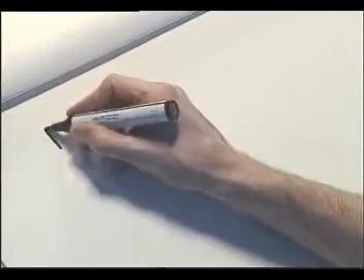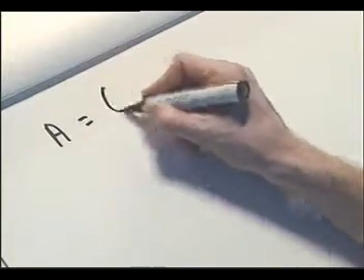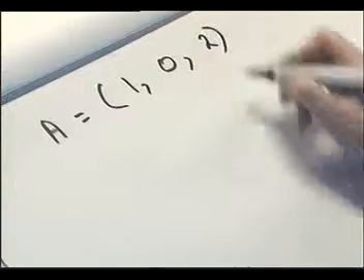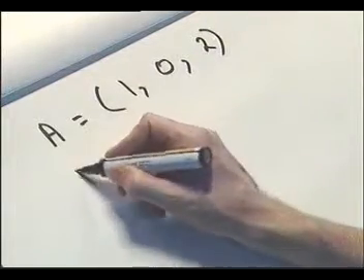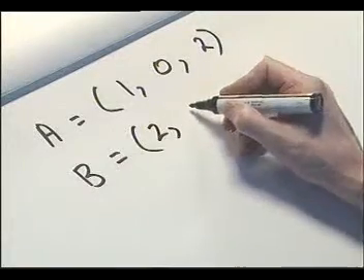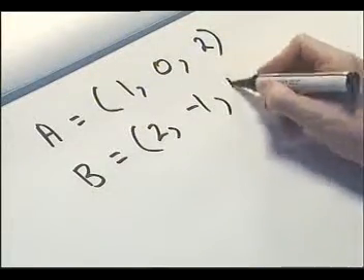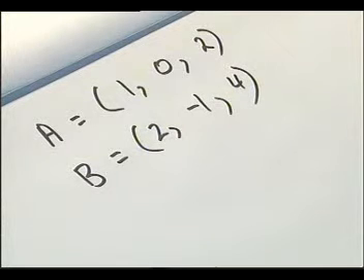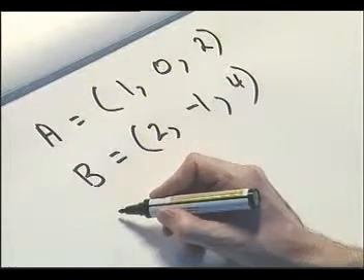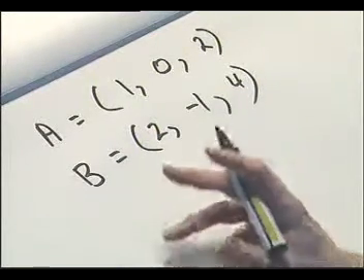Let's say we've got a point A that has coordinates 1, 0, 2, and a point B that has coordinates 2, minus 1, 4. The question that we might ask is, if we form the vector AB, what's the magnitude of AB and what are its direction cosines?